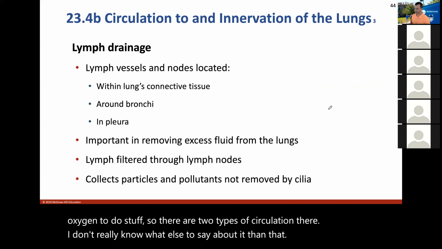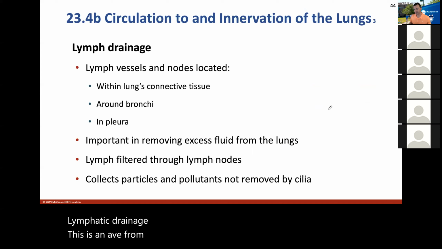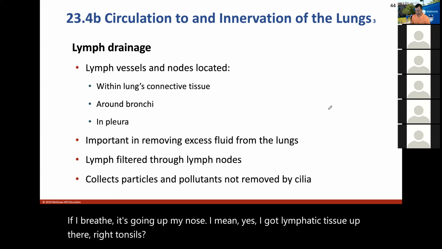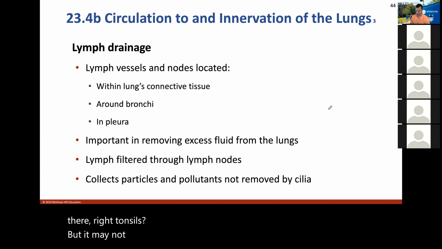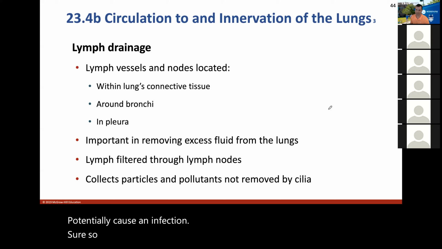Lymphatic drainage. This is an avenue from the outside, right? If I breathe, it's going up my nose. I mean, yes, I got lymphatic tissue up there, right? Tonsils. Can stuff get down into the lungs and potentially cause an infection? Sure. So obviously I'm going to have some lymphatic tissue there as well.